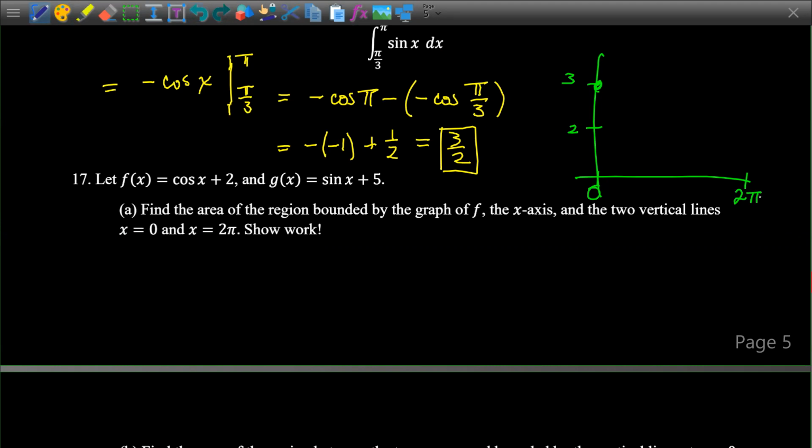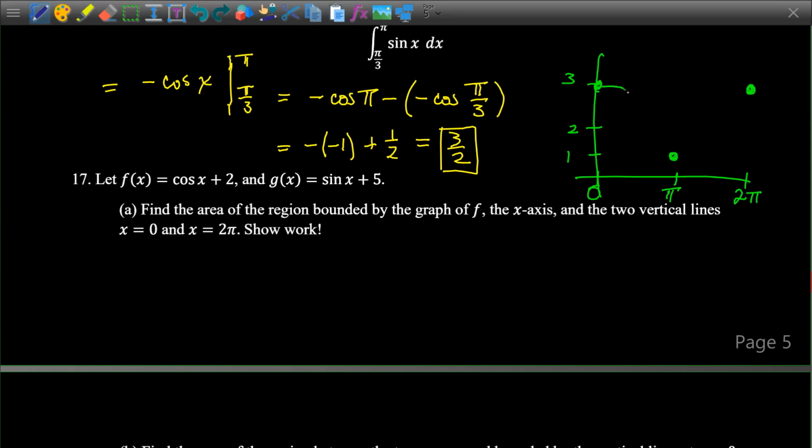But going back to sketching the cosine, cosine is 2 pi periodic, so it's going to end up back at 3 in this case when it gets to 2 pi. And down here at 1, cosine of pi is normally negative 1, but then we have plus 2, so that's going to be positive 1.